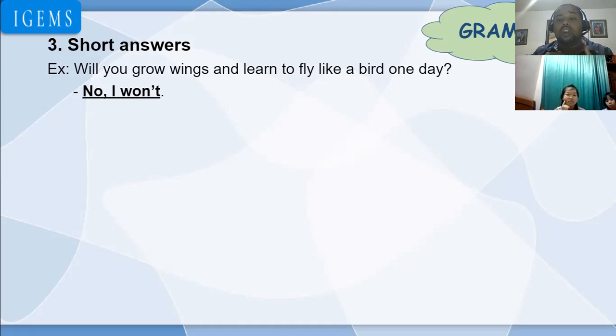If the answer is affirmative, you are only going to say, yes, I will. Maybe you may wonder, teacher, but I can also say no, and that's it. What's happening is that when you do it this way, it sounds more polite, more English. Understand that? Yes.